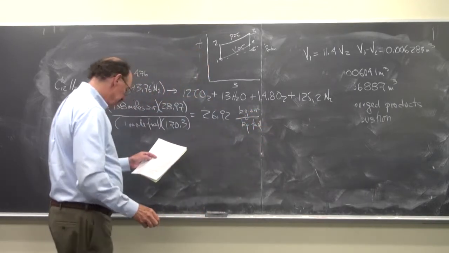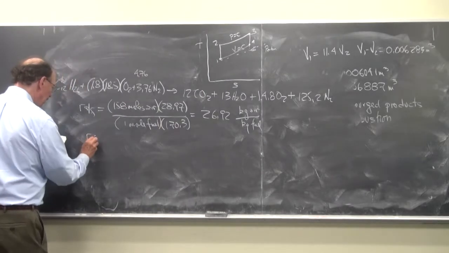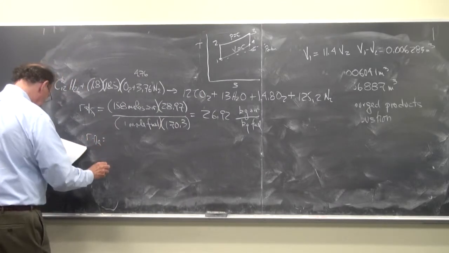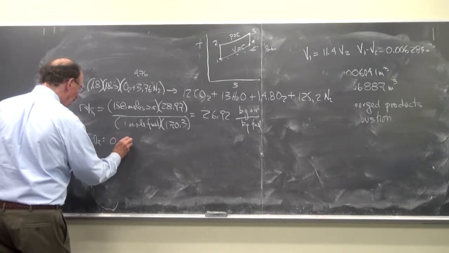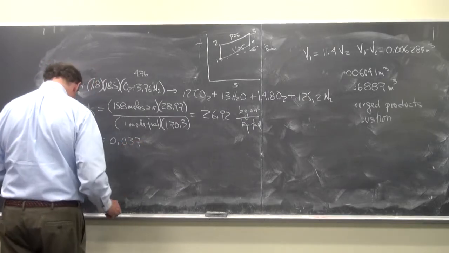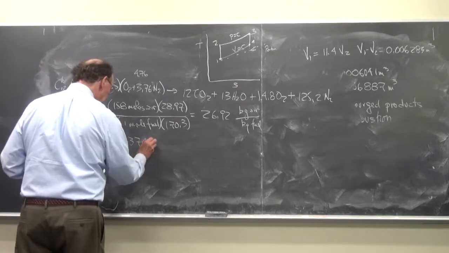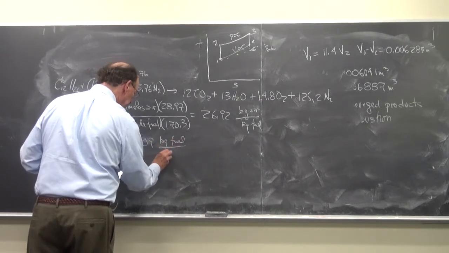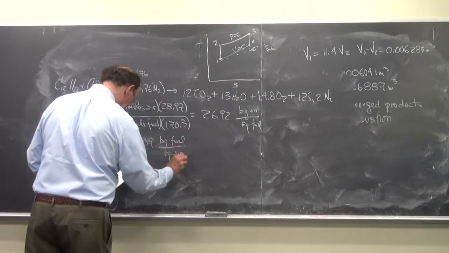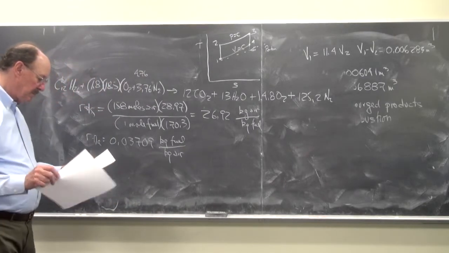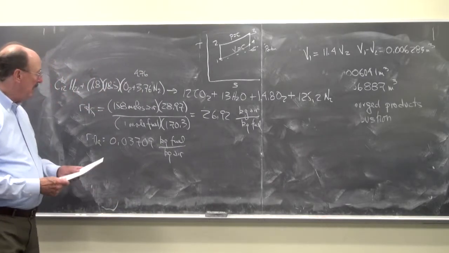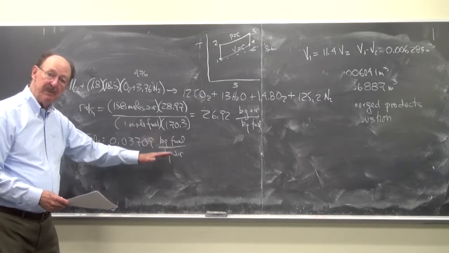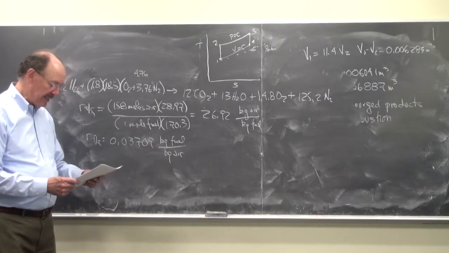And if we take the reciprocal, RFA is equal to 0.03709 kilograms fuel per kilogram air. And so we will be using this information later on.